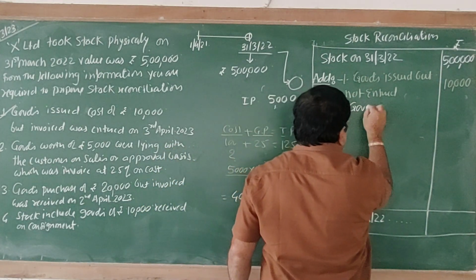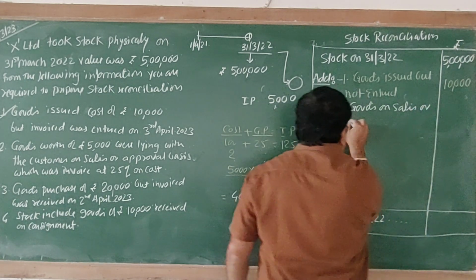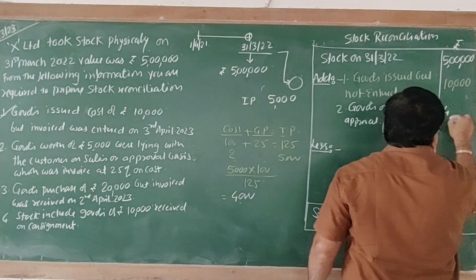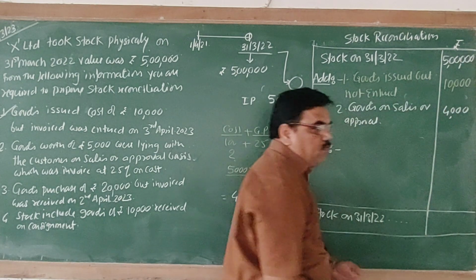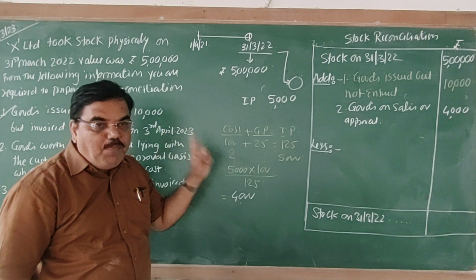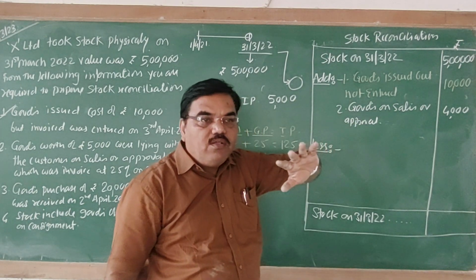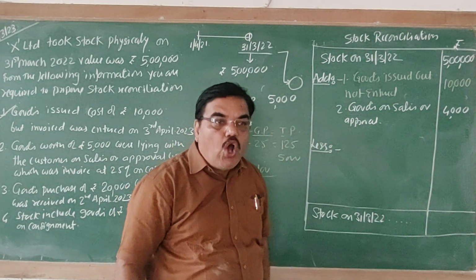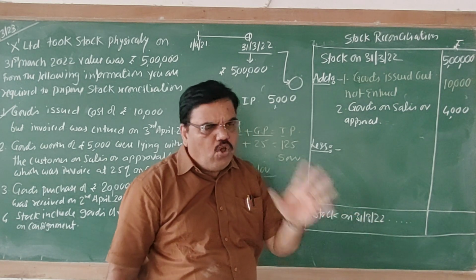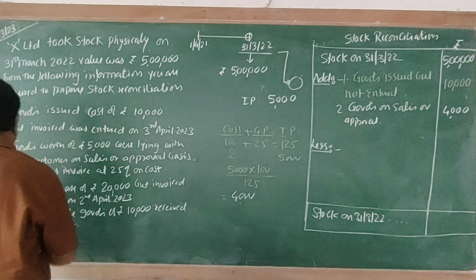So goods on sales और अप्रूवल बेसिस कितना है गुड्स का कॉस्ट, 4,000। 5,000 आईपी प्राइस है, आईपी प्राइस नहीं लिखना है हमें। ऑल ऑफ यू नो दैट स्टॉक इज ऑलवेज वैल्यूड एट कॉस्ट और नेट रियलाइजेबल वैल्यू whichever is lower. Always remember.